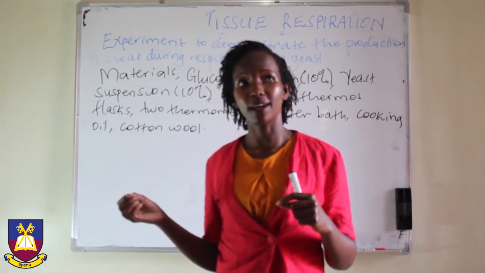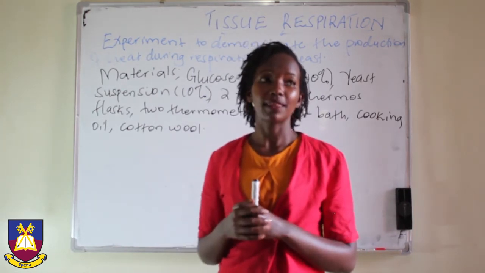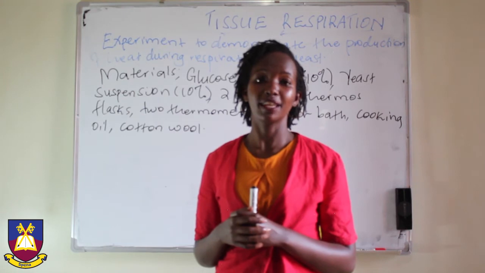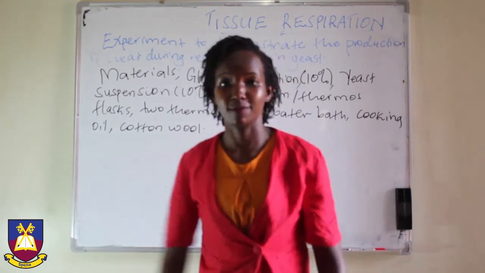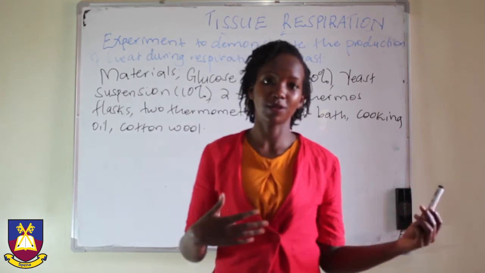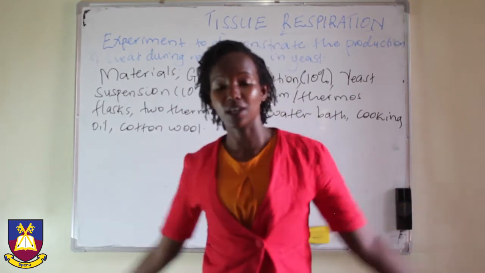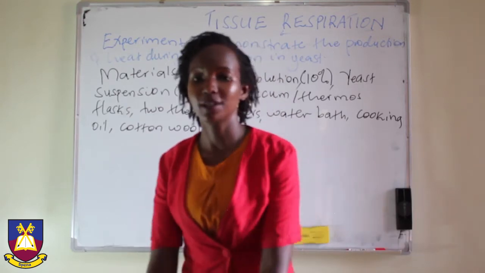That's why when you add yeast to the dough, you cover it. That's why when they add yeast to banana juice, they cover it so that the yeast can carry out its respiration anaerobically. It does better when there is an air-free condition.